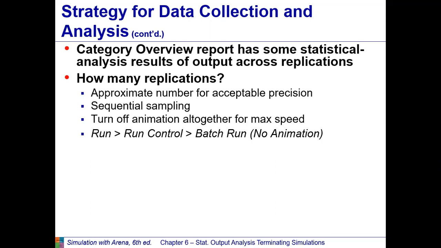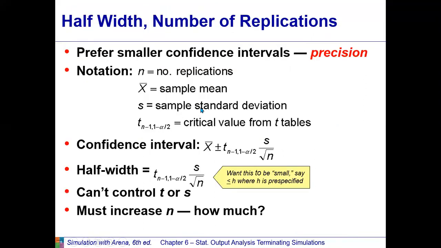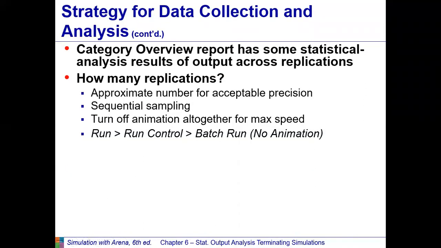There are 2 ways to do it. The first one, you can apply an approximation method and find the acceptable number of replications that you need to run until you have reached a satisfactory precision level for a statistic. Or you can hand it to ARENA through a method called sequential sampling, where ARENA checks, okay, the analyst wants the half width to be less than, let's say, 0.5 for a particular statistic.